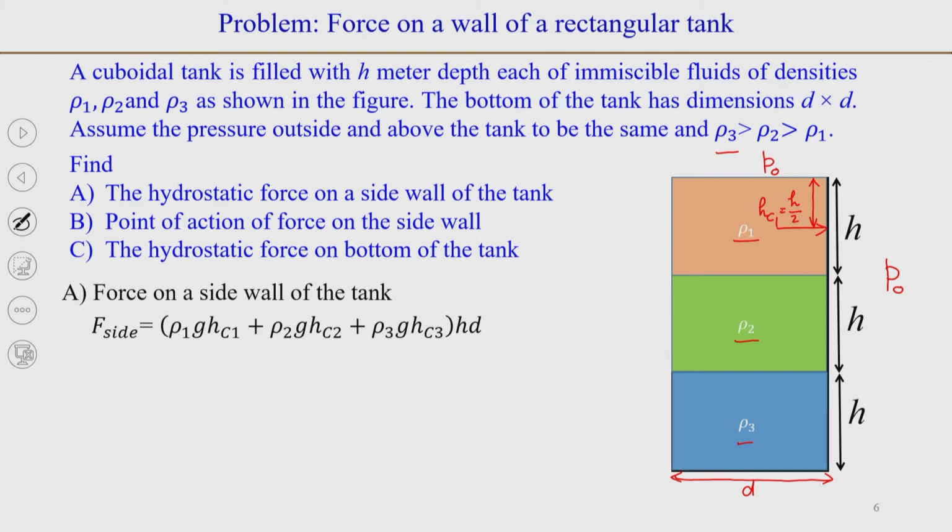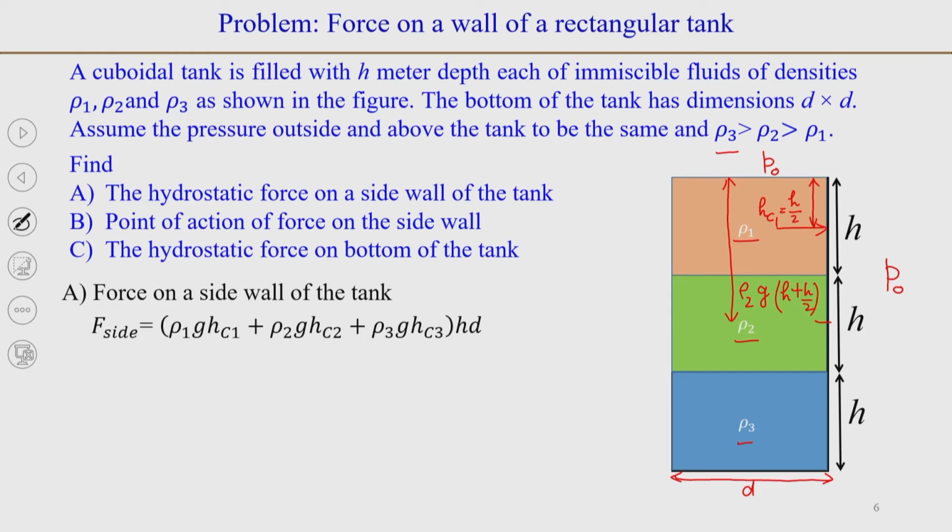Similarly, for the second liquid column, if this is H C 2, the pressure will be rho 2 g H C 2. H C 2 will be equal to h, which is the height above, plus h by 2.